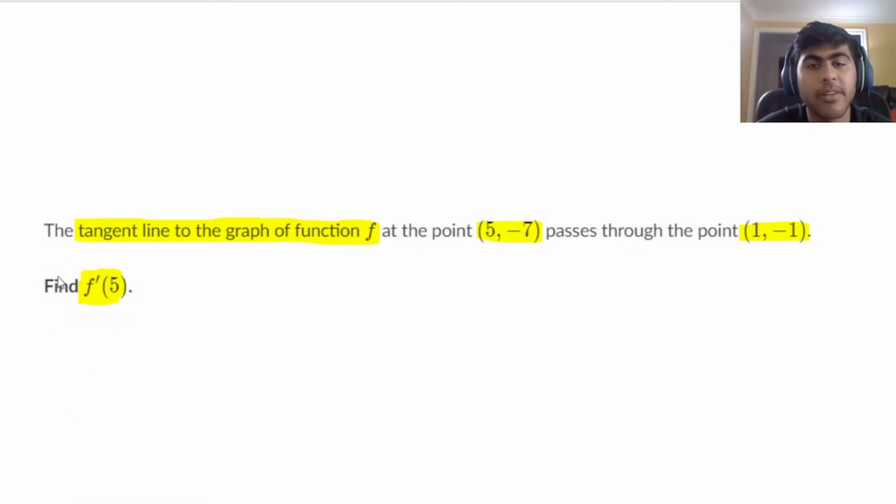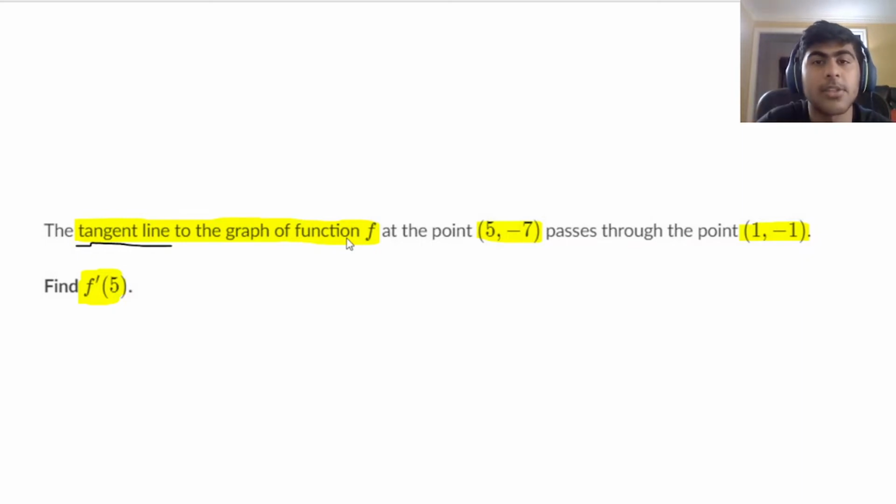Now, how are we going to find that? We're told about a tangent line. Let's see how we can use that. So the tangent line, let's think about it. The tangent line intersects only that one point on a curve and nothing else. It never hits the graph, at least in the immediate vicinity, which means that it represents the instantaneous slope at that point.